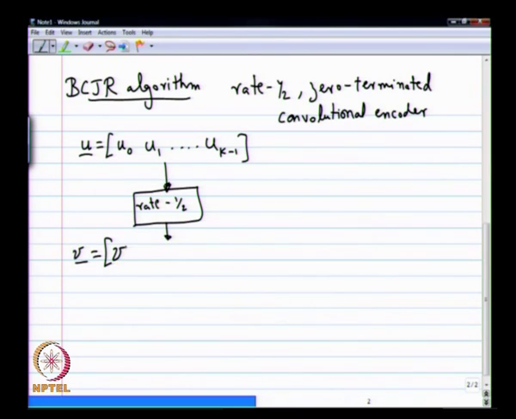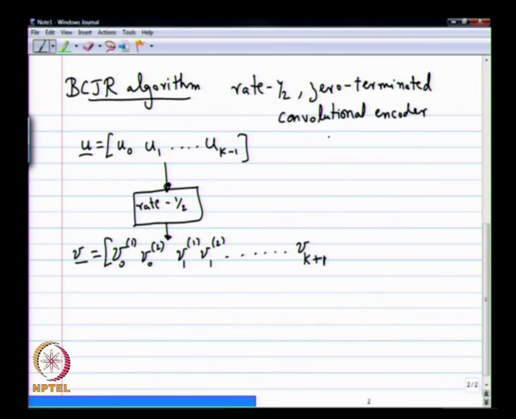V1 0, V2 0, this is how it is. This is the first stage, and then V1 1, V2 1, all the way to the last stage.